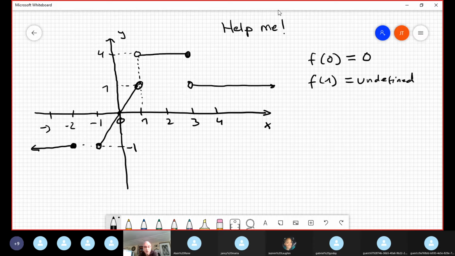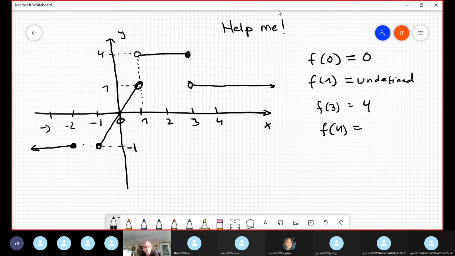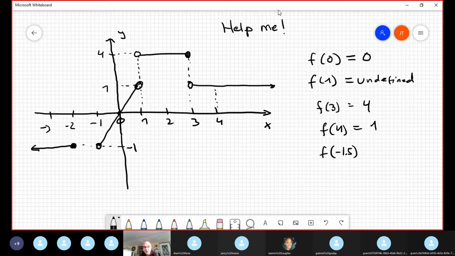Very well. Suppose the function evaluating 3. Or suppose the function evaluating 4. Very well. Suppose the function, let me try, evaluate negative 1.5.